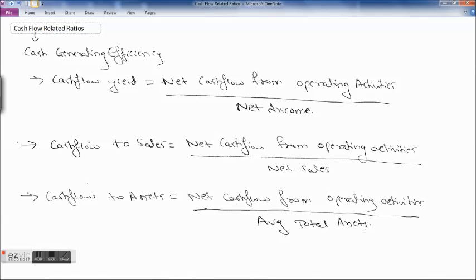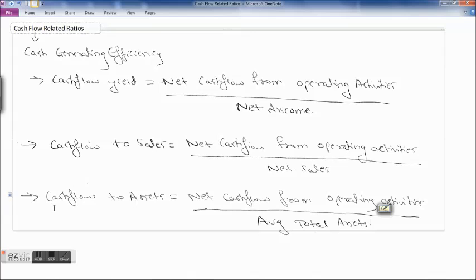So it will show you how efficiently your assets are being utilized to generate the cash profit from operating activities. This is what is shown in this cash flow to assets. Then there are two more ratios, we'll see them.